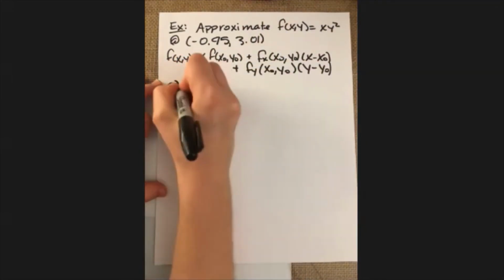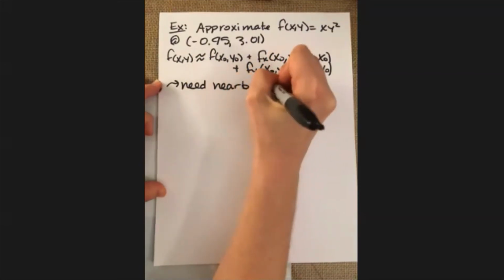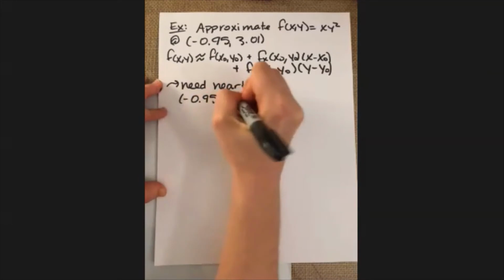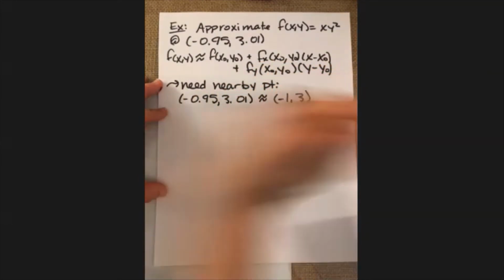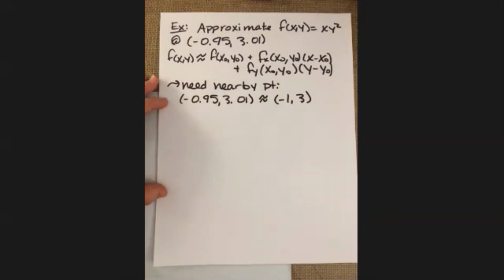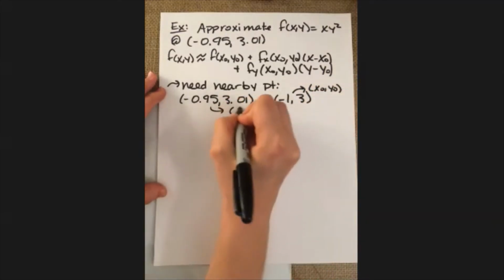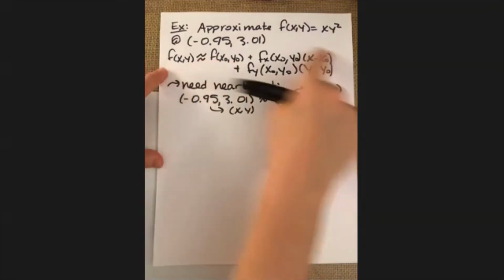In order to fill out this equation, x, y is just going to be the point that we're going for right here. But x naught, y naught is a nearby point to this one, where it's considerably easier to compute the value of x y squared than at this one right here. We note that negative 0.95, 3.01 is pretty close to negative 1, 3. So this is going to be our x naught, y naught, and this piece right here is the x, y. All we do is take these two and plug them into this equation.